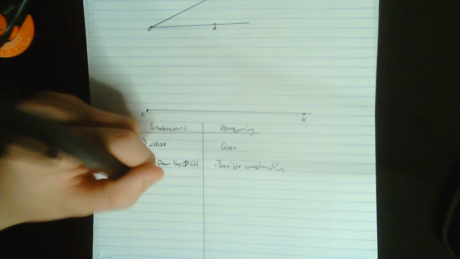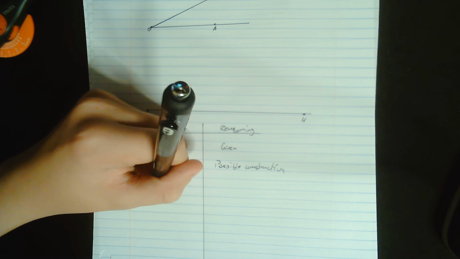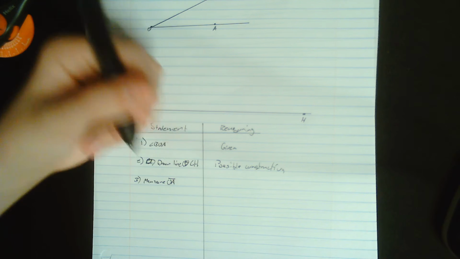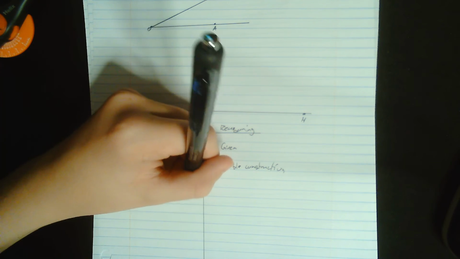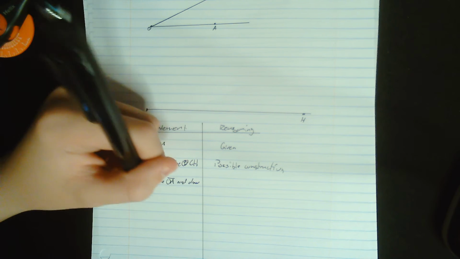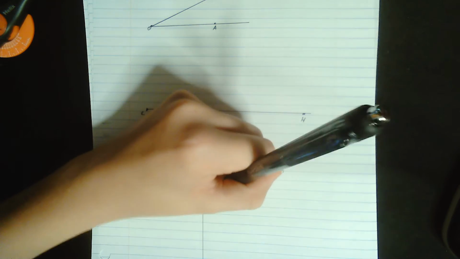Next, what we're going to do is measure line segment OA with the compass and draw CD. So what this means right here, this is a possible construction.